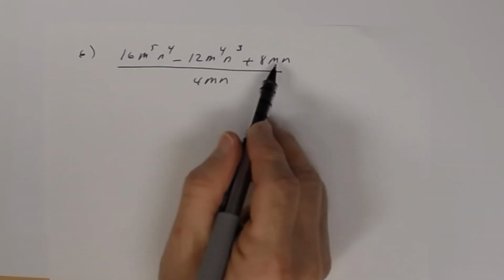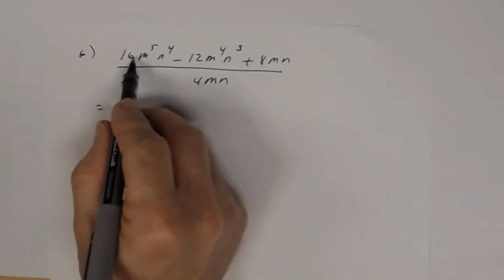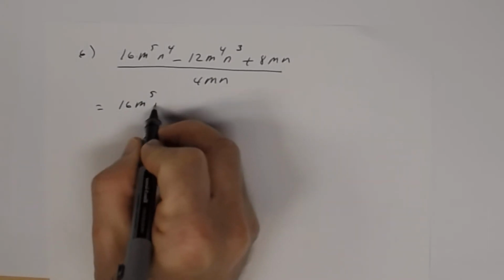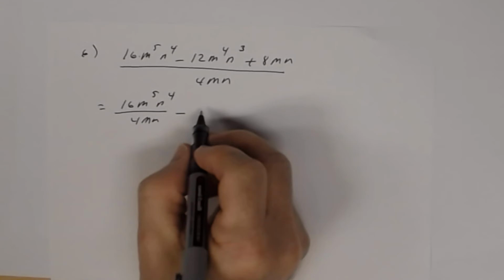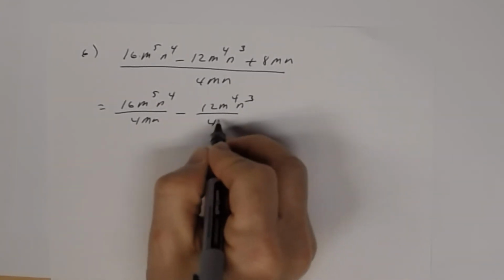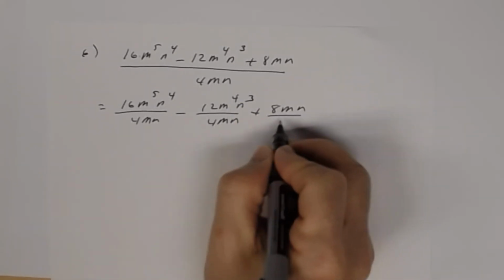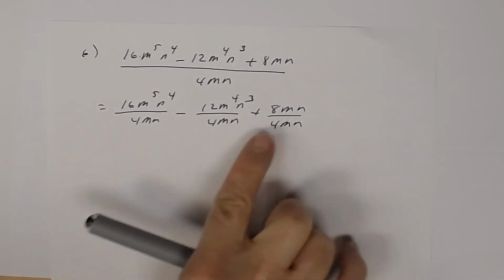So that's how you can divide. So to divide this polynomial by this monomial, you're going to write this first term divided by the denominator, just like this, minus the second term divided by the denominator, and then the last term divided by the denominator. All right, and then you're going to simplify each of those.